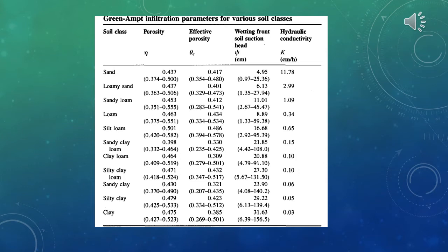The porosity, effective porosity, wetting front soil suction head, and hydraulic conductivity are all given in this table. If we are asked any question, we just need to look at this table, and then we will solve our question.